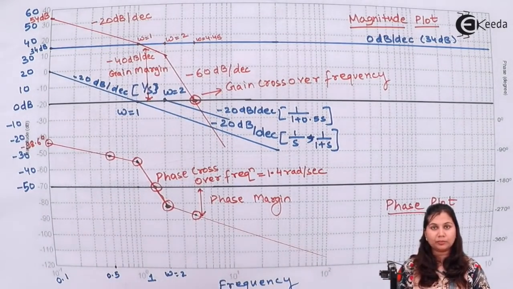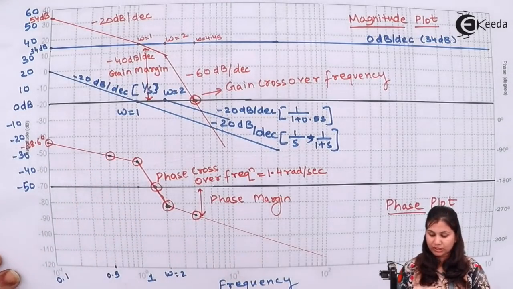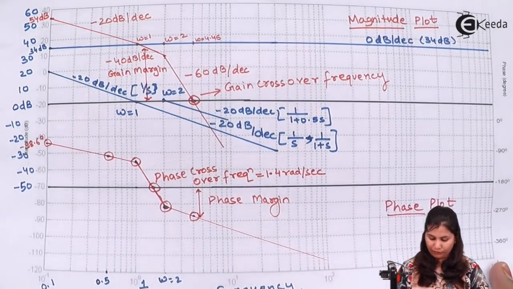So we have sketched the Bode plot of the system and also calculated the gain margin, phase margin, gain crossover frequency and phase crossover frequency.